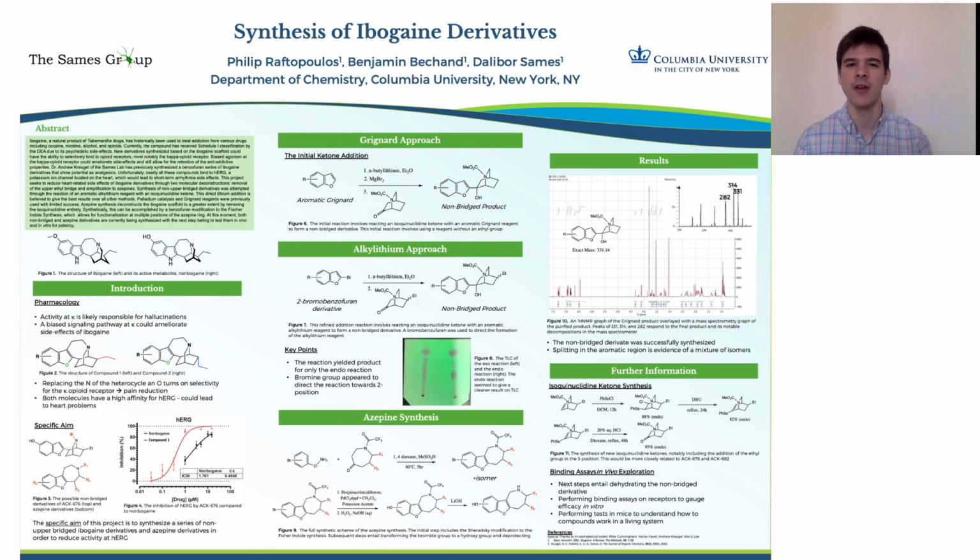It's undesirable for drug candidates to have these heart effects, and they wouldn't be able to be used in any way. So there exists a definitive need to remove this side effect from these drugs, and that was the goal of my project. The goal was to create derivatives that remove the hERG problem from the Ibogaine scaffold.